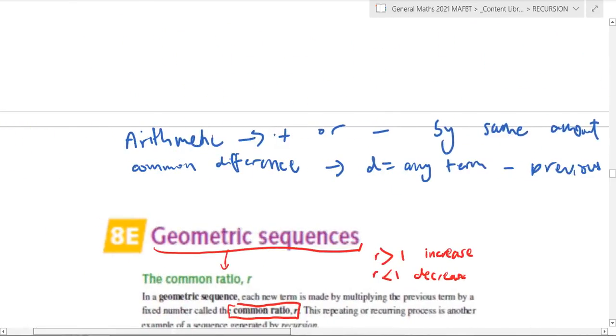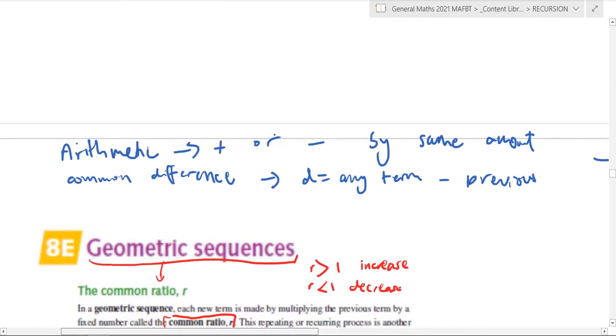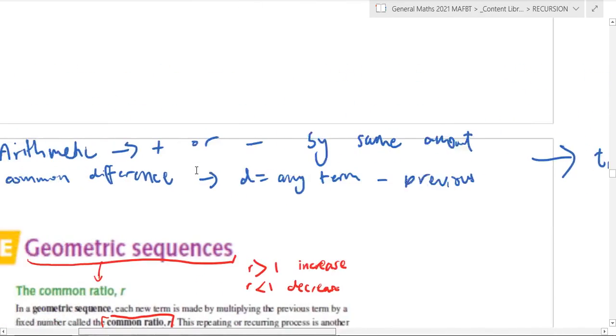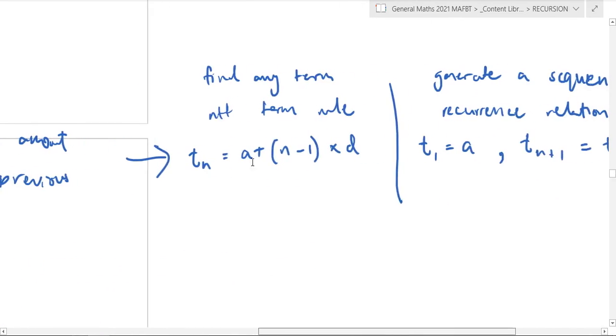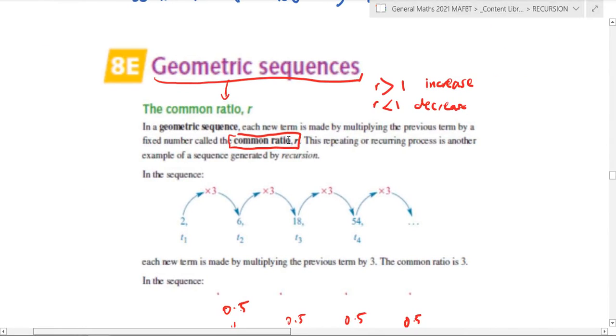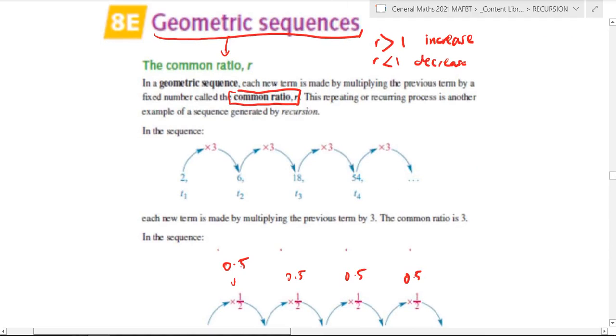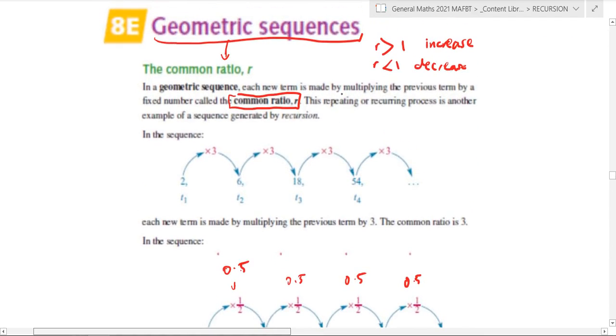With geometric sequences, there is a similar set of things to arithmetic, where in arithmetic you've got a common difference, an nth term, and a recurrence relation. There is also one for your geometric, but it's slightly different. Instead of a common difference, in geometric we use the common ratio.